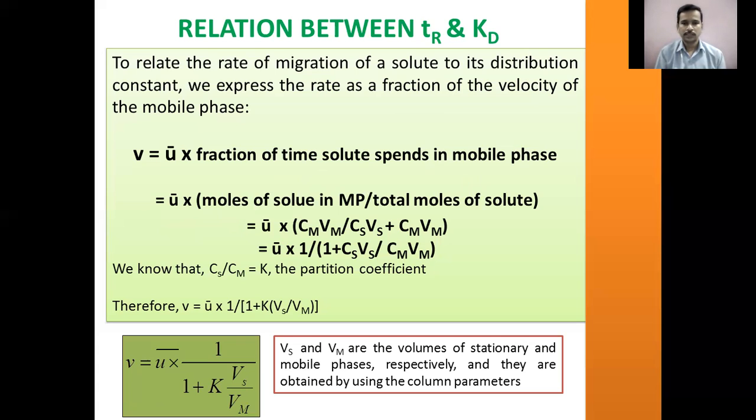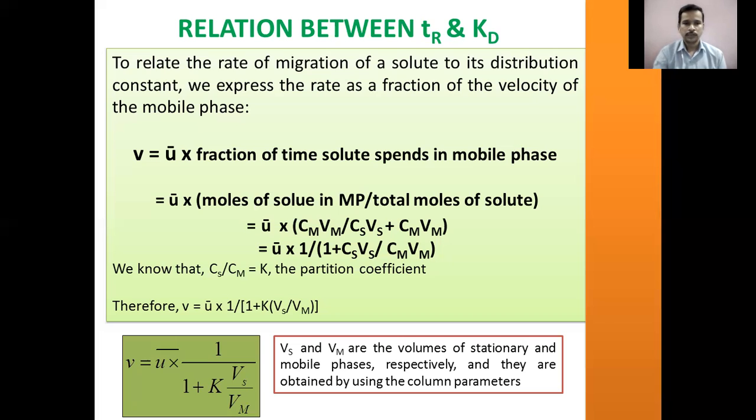So its total concentration is Ct and the total volume is Vt. Let the total concentration be Ct molar. Then the concentration of the solute distributed to the mobile phase is Cm of volume Vm, and the solute concentration in the stationary phase is Cs of volume Vs. So the total amount will be Cm into Vm plus Cs into Vs.